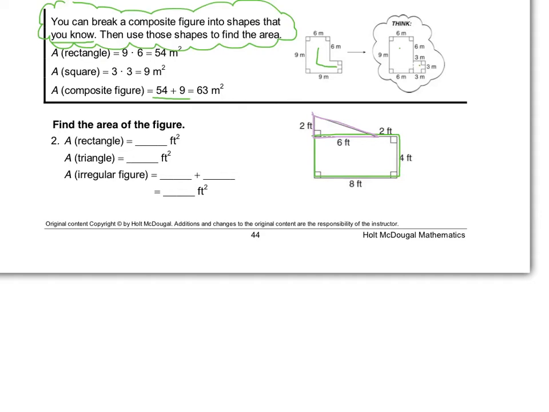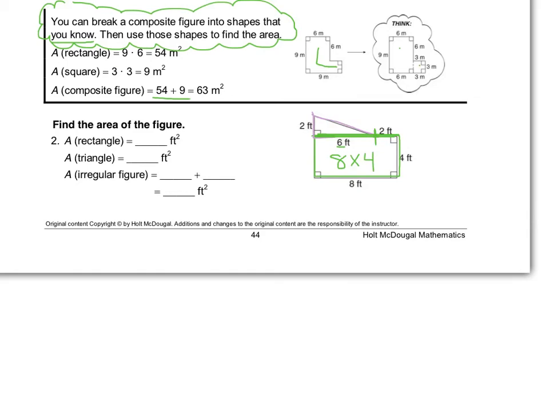Okay, when I look at this rectangle, some people might be tempted to use the 6. Okay, but is the 6 the entire base of my rectangle? No, because it only goes there. So 6 is actually going to be used with the triangle. So the rectangle is 8 by 4.